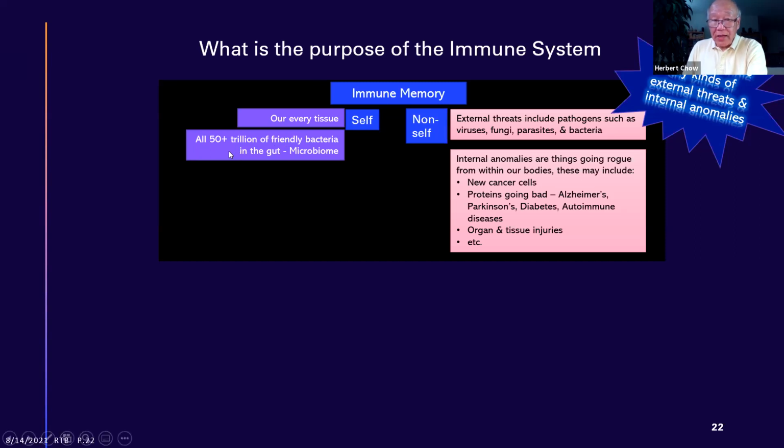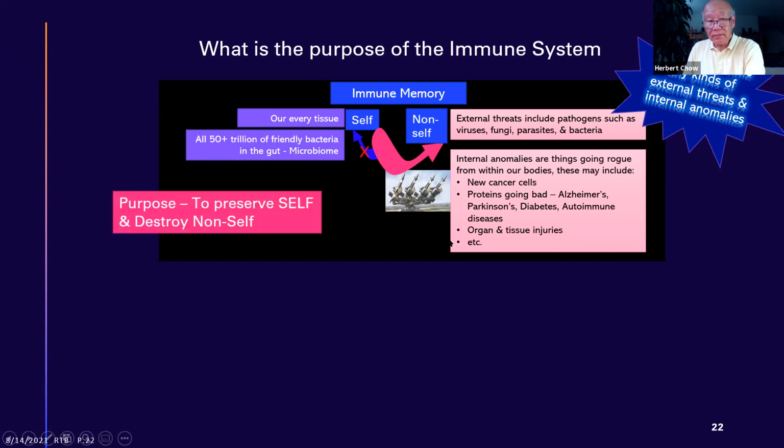And you may not know there are 50 trillion friendly bacteria in your gut. You also know every single one of them, and they are also presented as part of self. So by knowing self, you can define what are the external threats, and when the external threat comes, you shoot them off. So the purpose is to preserve ourselves against these non-self threats.